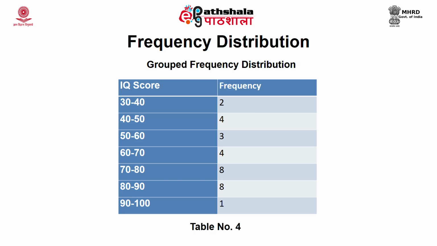On the left hand side we have intervals, that is 30 to 40, 40 to 50, 50 to 60, 60 to 70, and so on up to 90 to 100. And on the right hand side we have the corresponding frequency value. That means we have two students whose IQ lies between 30 to 40, and similarly for the 50 to 60 interval we have a frequency of 3. That means 3 students have IQs that lie between 50 to 60, and so on.